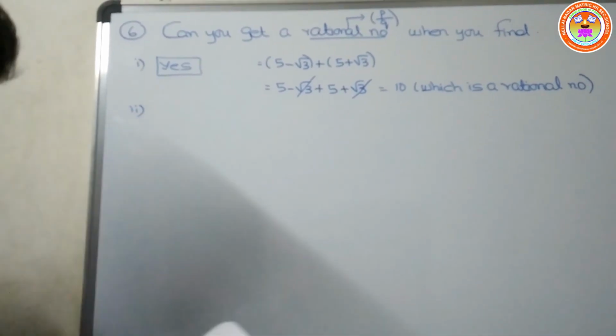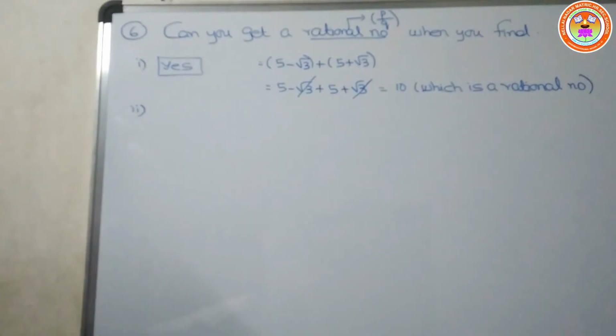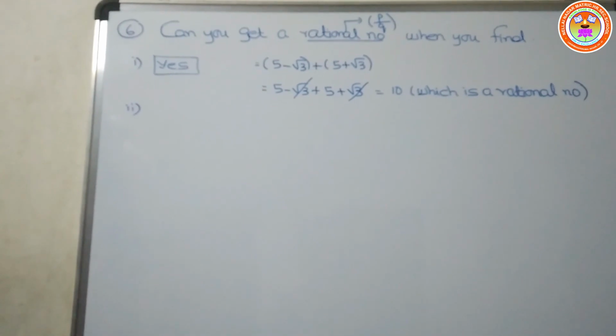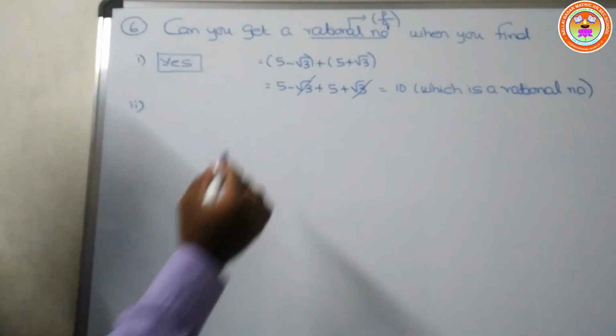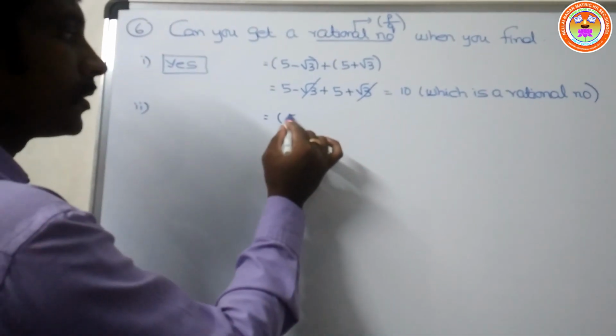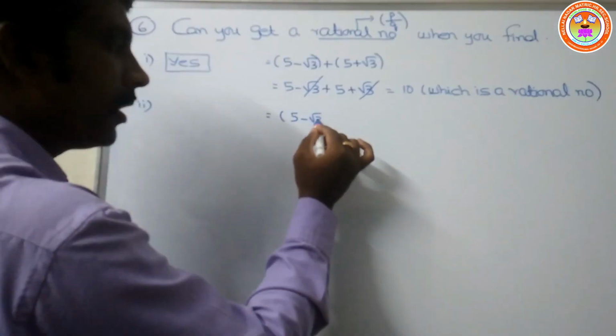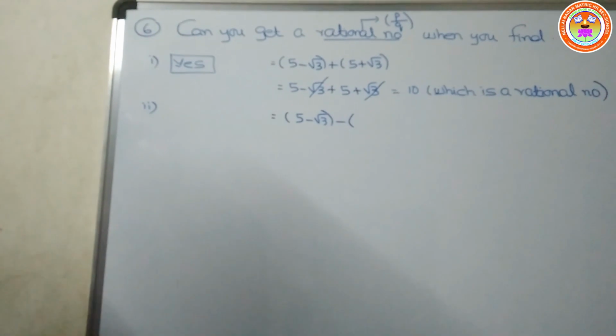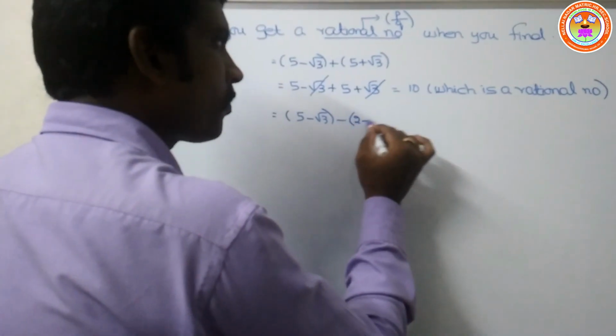Second one, the difference of two surds. You take two surds, 5 minus root 3, difference, subtracting 2 minus root 3.